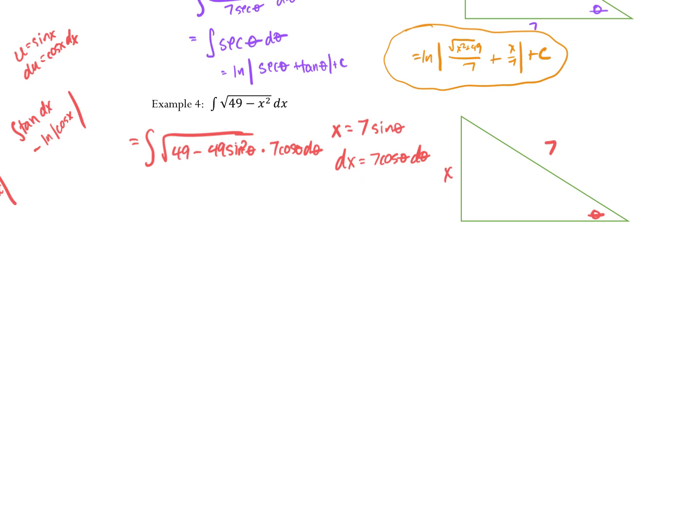What are we thinking? It's just sine. Hmm? When you were distributing it, shouldn't it have been 49?